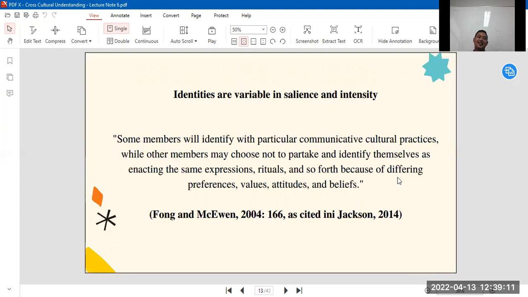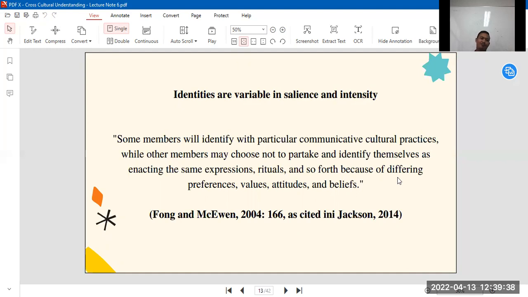Next is that identities are variable in salience and intensity. While each of us has multiple identities, this doesn't mean that each dimension is of equal importance to us.